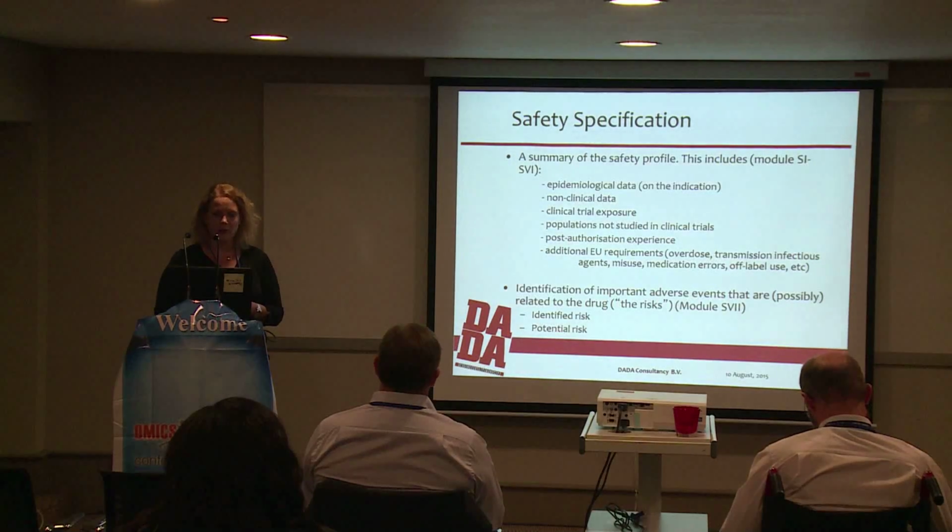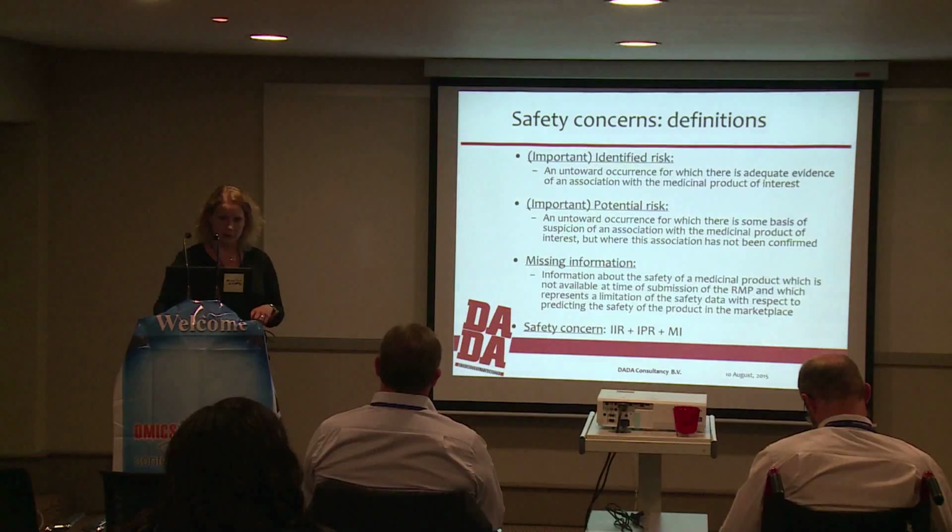And in this section, you identify important adverse events that are possibly related to your drug. These are the risks, and you outline them in module S7, where you state this is an identified risk or this could be a potential risk. To clarify those, identified risks are those where you have enough evidence. Potential risk is you suspect it, but you haven't really confirmed the association.